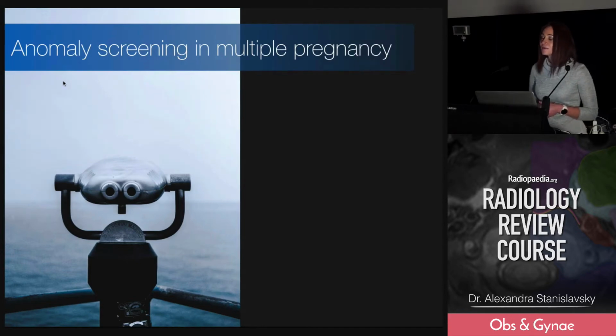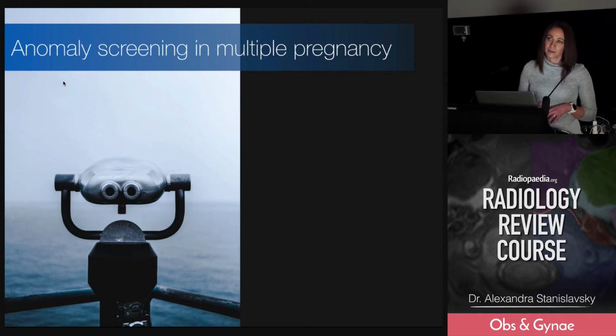So, moving away from chorionicity and on to anomaly screening in multiple pregnancy. The principles of screening are the same for twins as they are for singletons, right? You can still offer combined serum screening in the first trimester, and the accuracy isn't as good as it is in singletons, but it's still pretty good, okay?